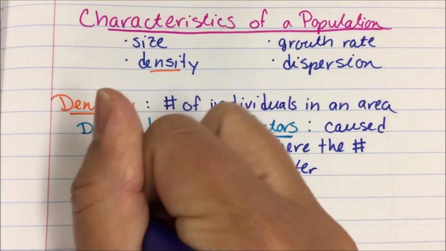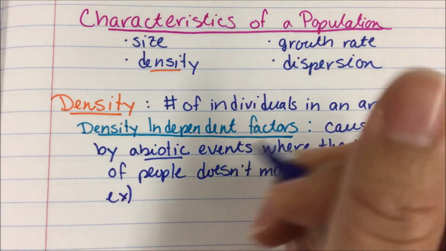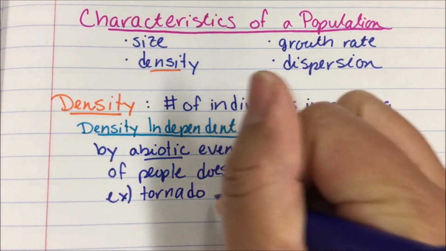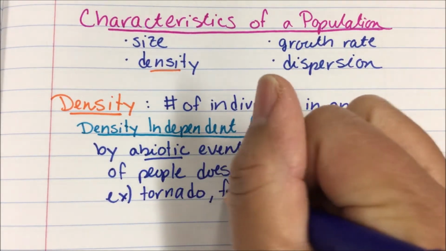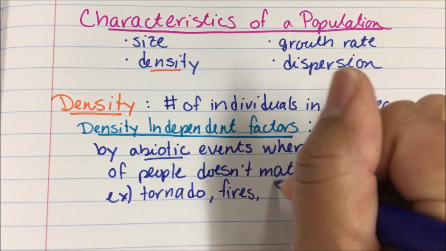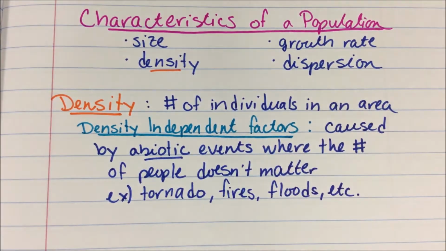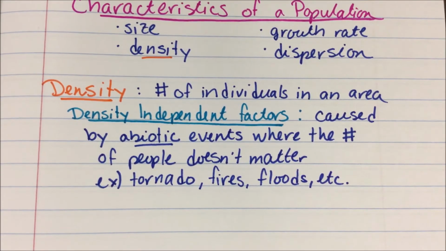For example, a tornado. A tornado does not care if it hits a city or a farm town. Fires, floods, things like that. It doesn't matter if it's a city or a town or a small little village. These things can happen anywhere. They are abiotic events and it doesn't matter about the number of people.